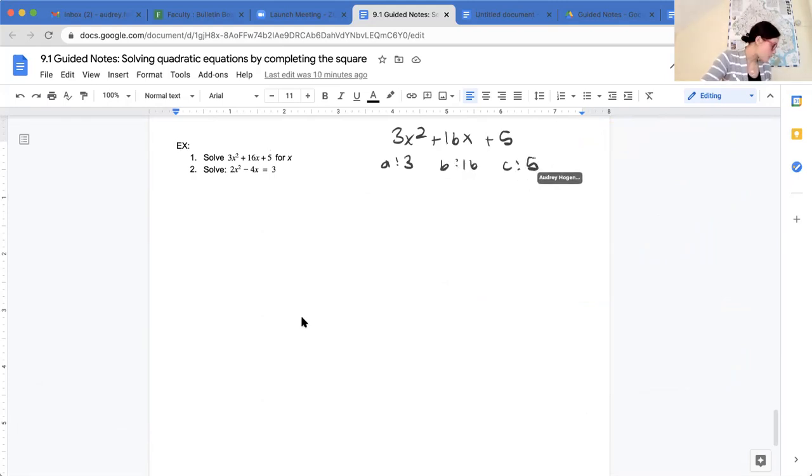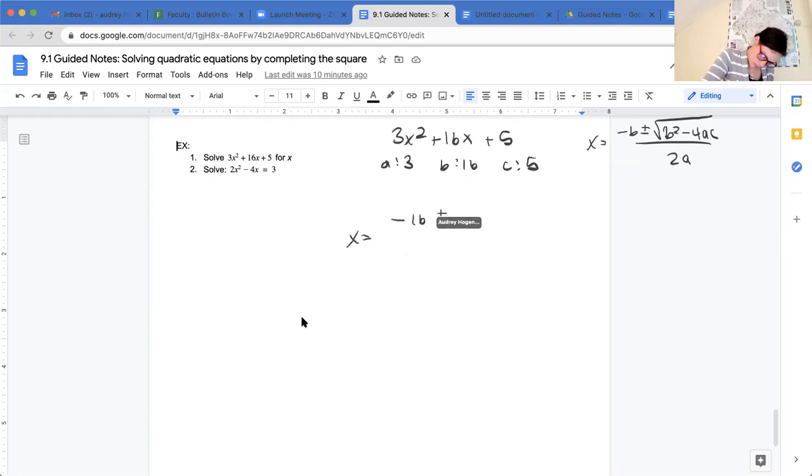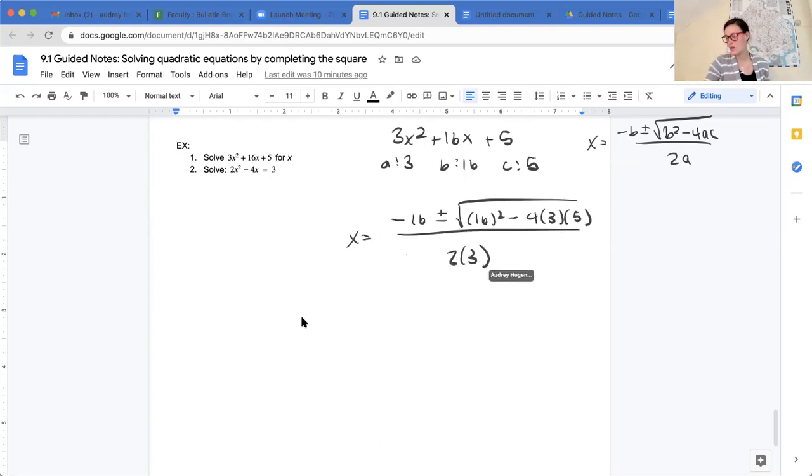And then we just know that x is equal to negative b plus or minus square root of b squared minus 4ac all over 2a. So x is equal to negative 16 plus or minus the square root of 16 squared minus 4 times 3 times 5 all over 2 times 3.